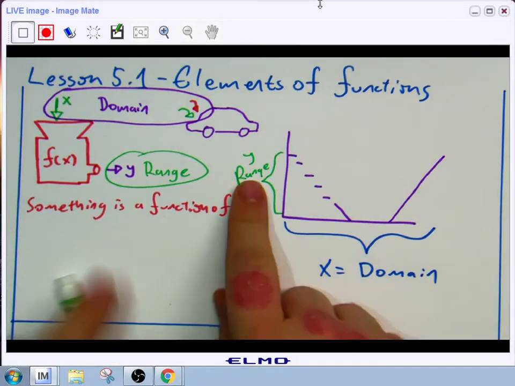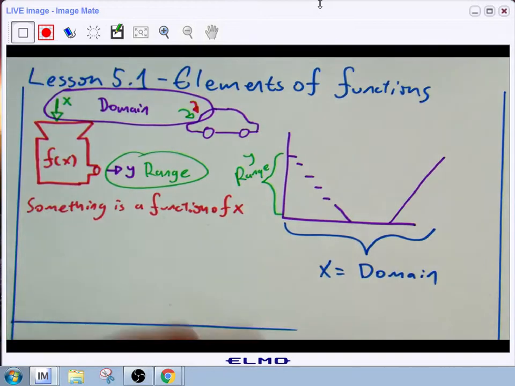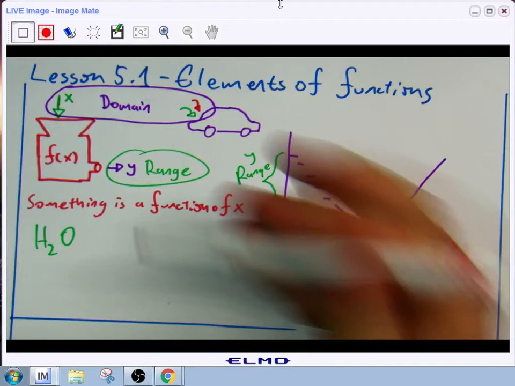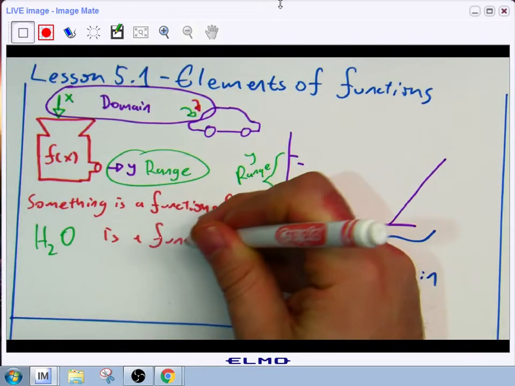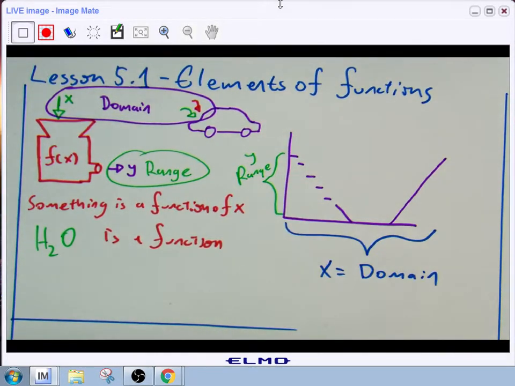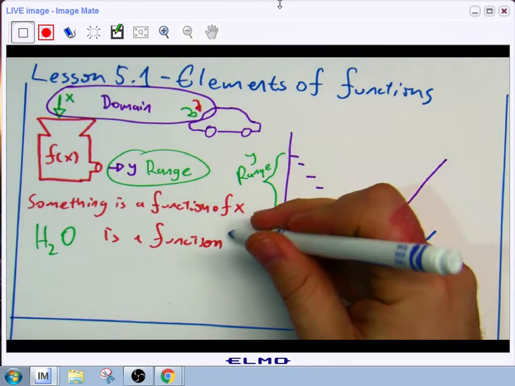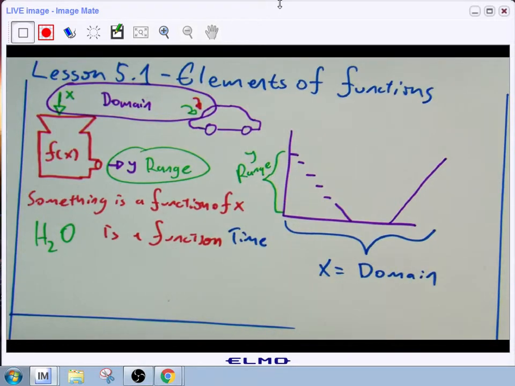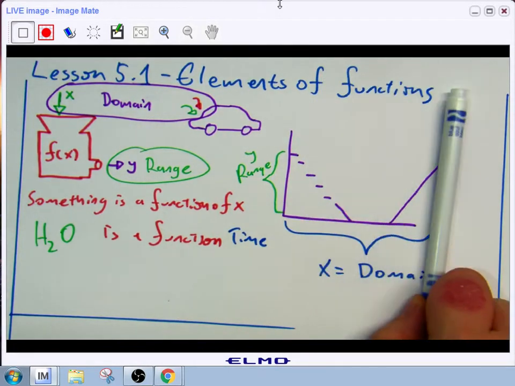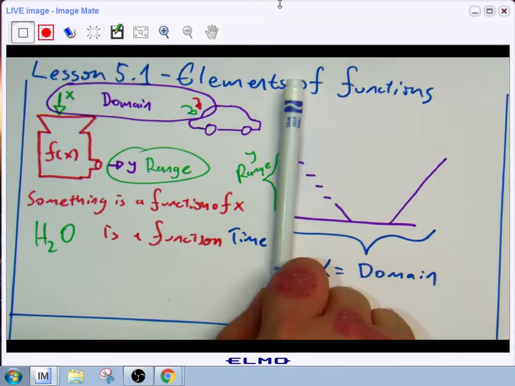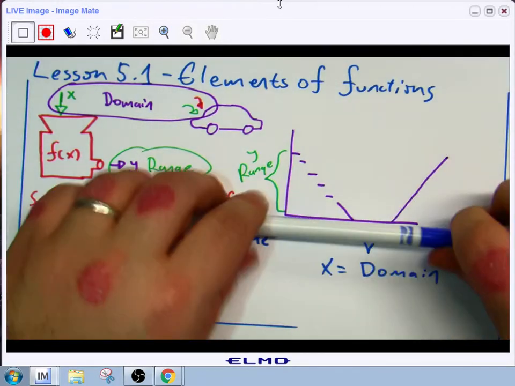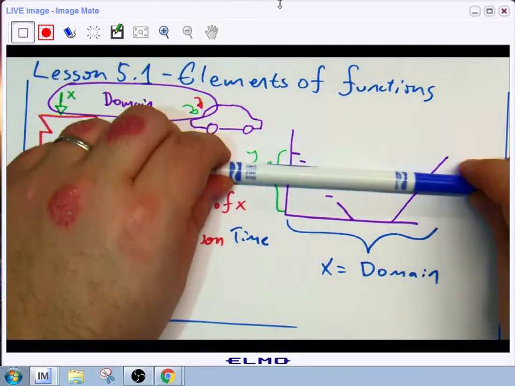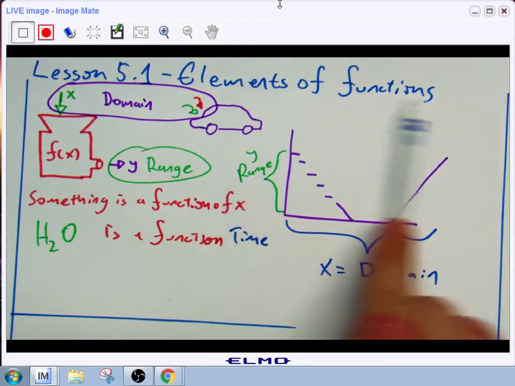Is the water level a function of our domain? In this case, our domain is time. Is the water level a function of time? Absolutely, because depending on what time you got there, it would be a different water level. The water level can be the same twice, but time only happens one way.